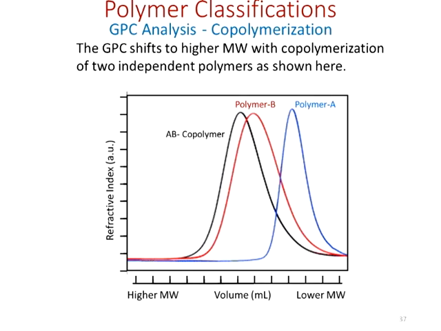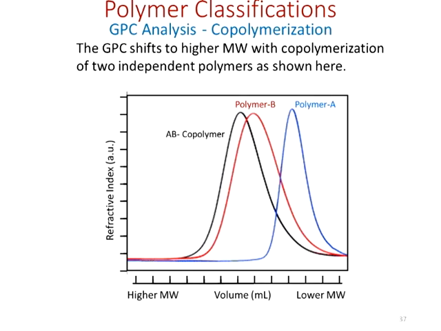GPC shifts to higher molar mass with copolymers as well, when we have two independent polymers as we show you here. So we take a look at the GPC of polymer A alone, and we note that it has a lower molecular weight.